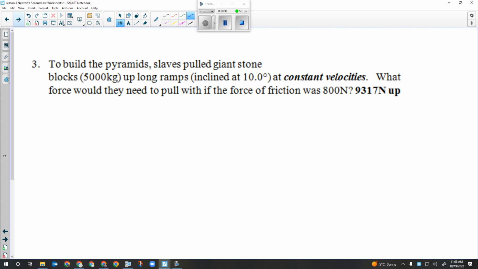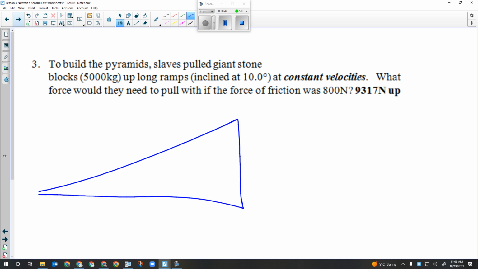Okay, I'm just gonna draw the diagram for this one. What's the key word in this question?